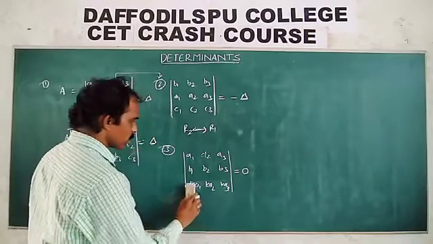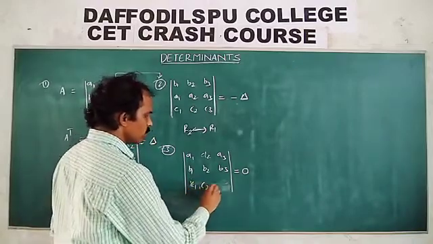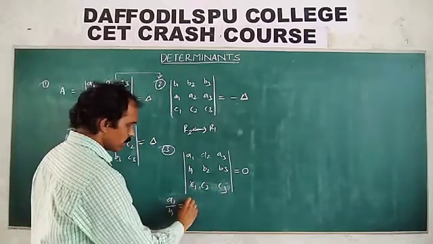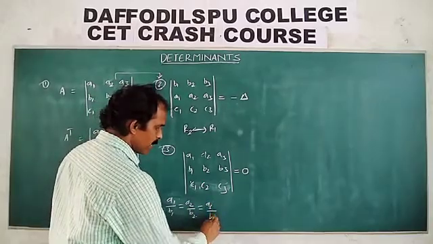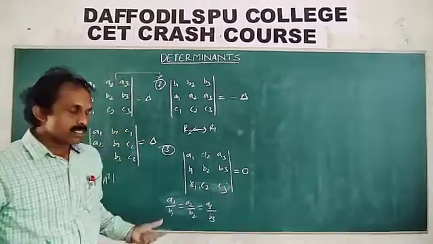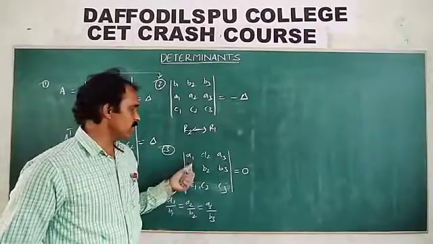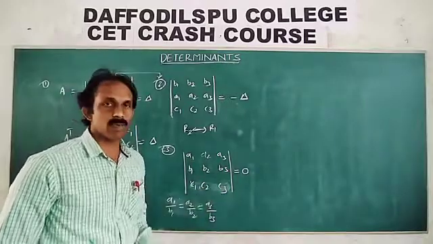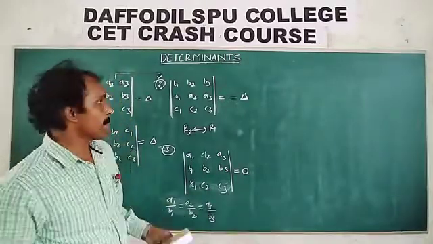Like this also, A1 by B1, A2 by B2, A3 by B3 are treated as identical, meaning some proportional value between corresponding elements. Then also this determinant value is equal to 0. Right. Next.